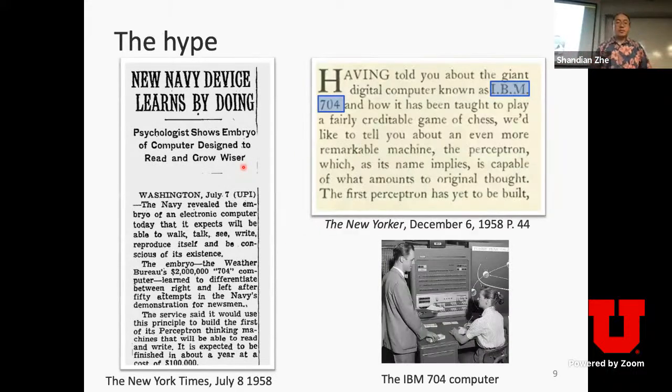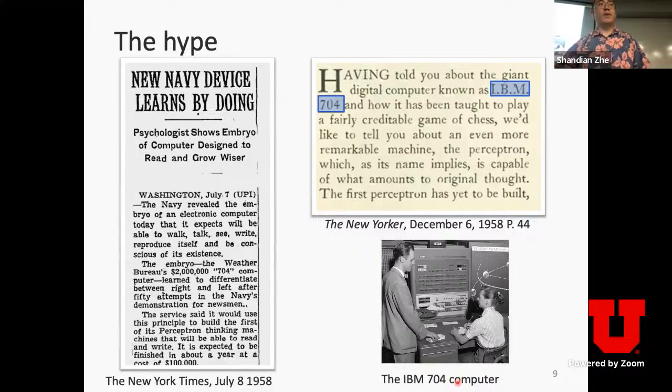When the perceptron algorithm was first proposed, it was so hot and inevitably brought some hype. This is a snapshot of a New Yorker paper, showing that the scientists were implementing the perceptron algorithm on this IBM 704 computer.